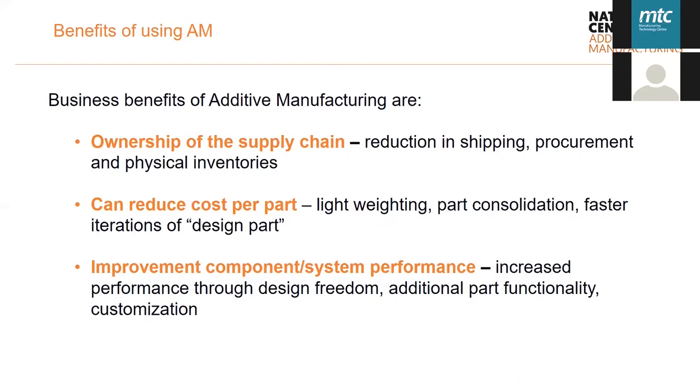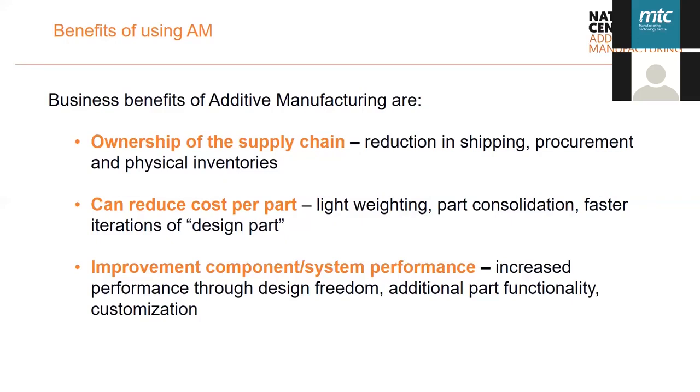Consolidating a number of subsystem components into one manufactured component reduces the amount of downstream assembly time, so reducing your overall cost per component. And then fast iterations of the design part, speeding up the prototyping stage during the design and creating functional prototypes, drastically reduces the overall cost per component as you're reducing prototyping effort.